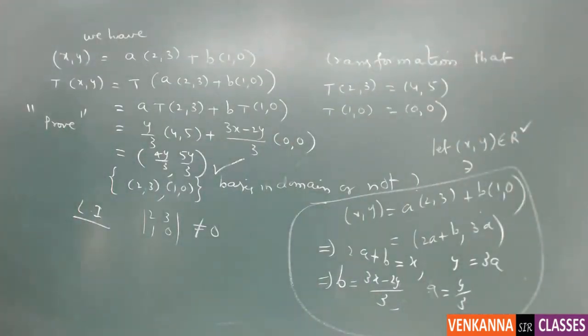Please understand, the concept of spanning is that whatever vector you consider, you are converting that vector into a linear combination of that set. That's it. It is called spanning. Okay? Right. Any other queries?